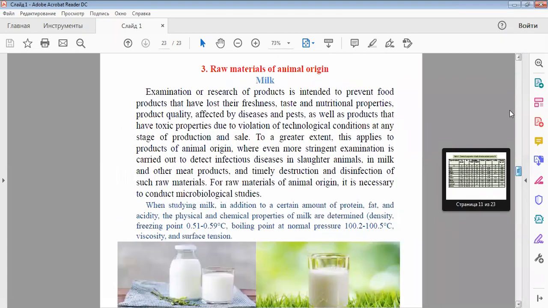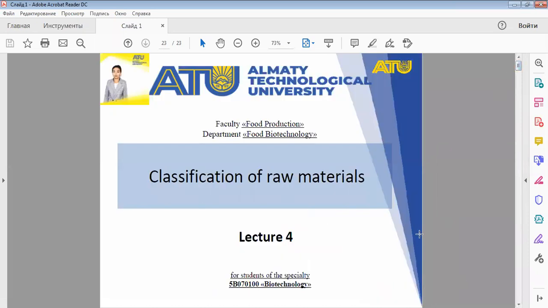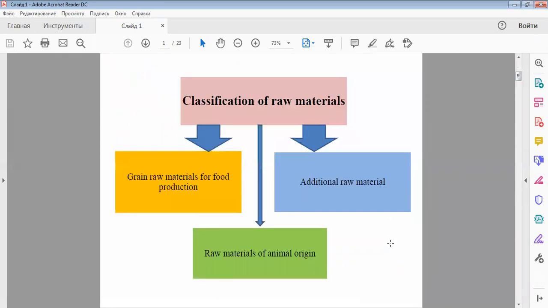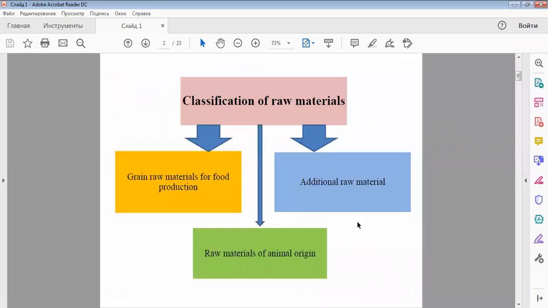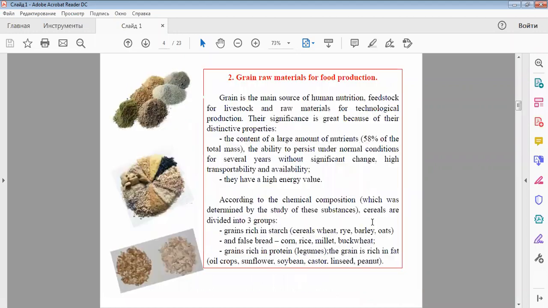And let me repeat shortly about the lecture. I talked about the classification of raw materials. Talked about the grain raw materials, raw materials of animal origin, and the additional raw materials.